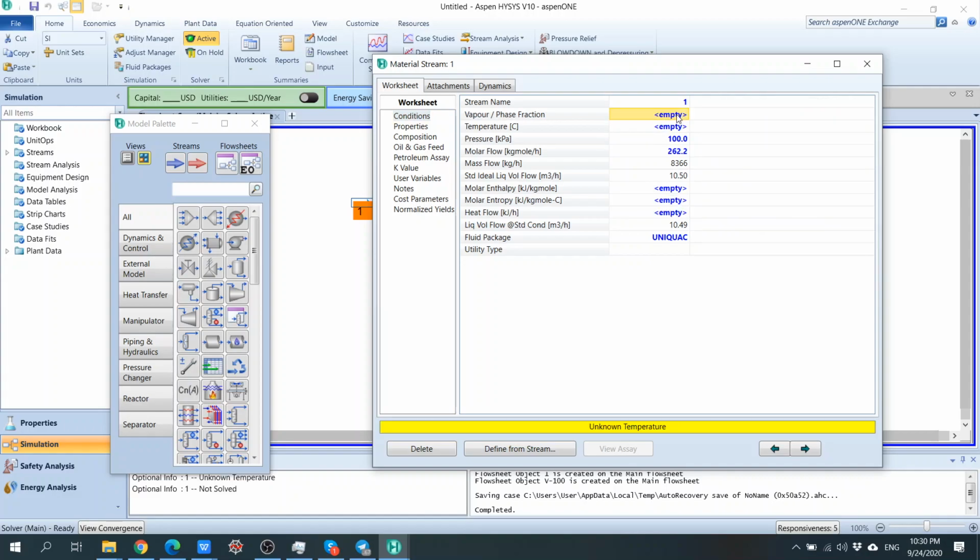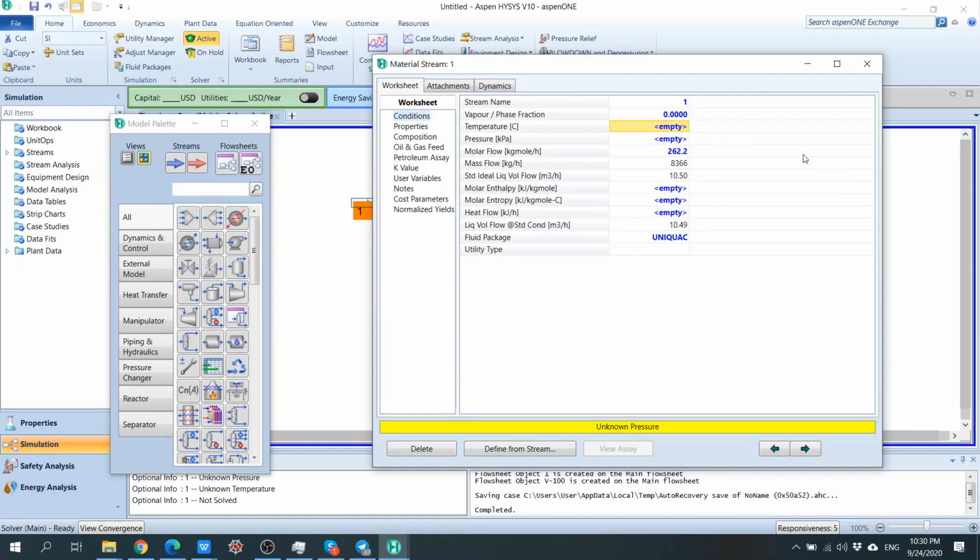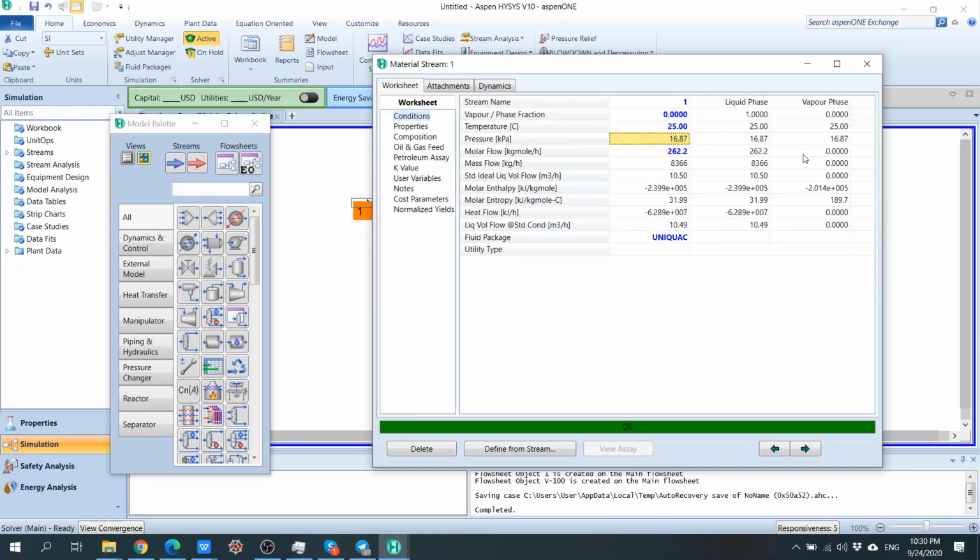This is 0, and you don't know what the pressure is, but you know what the temperature is. This says it is saturated liquid at 25 degrees C, so the corresponding pressure is 16 kilopascal, which is vacuum, and you know that it cannot be vacuum, right?